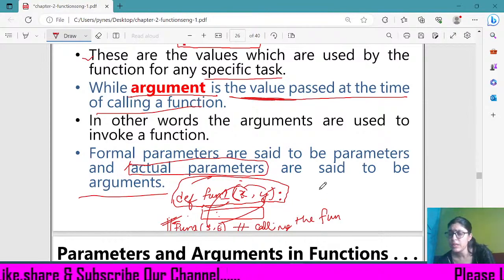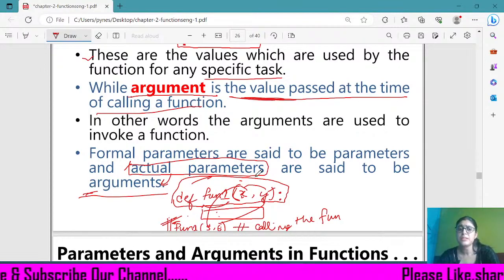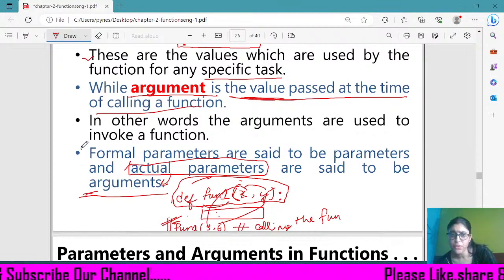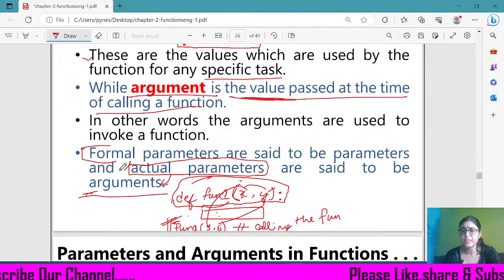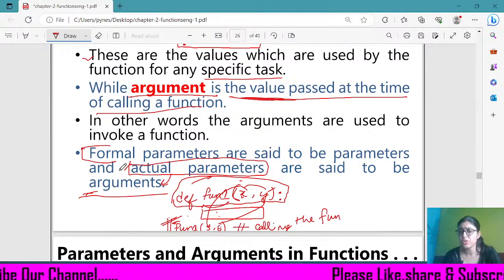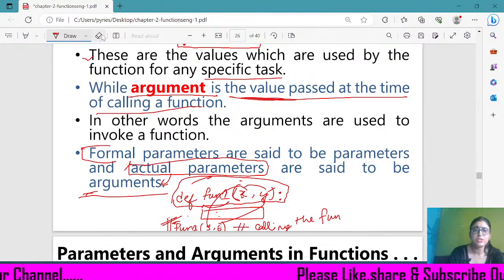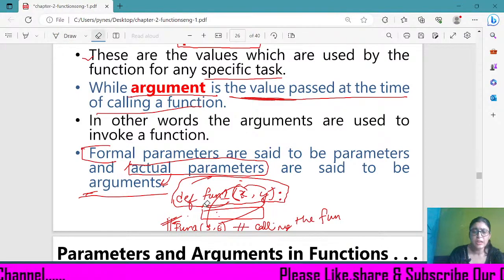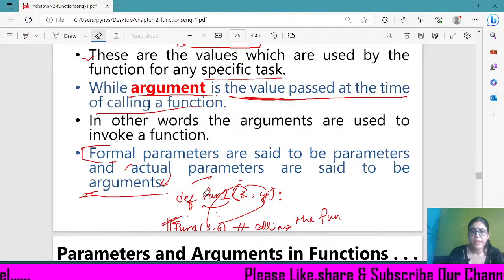Always remember, actual parameters and arguments are same, right? Actual parameters and arguments are the same, but formal parameter is the parameter which we define at the time of definition of the function. What is at the time of definition of the function? That means here we are writing def fun1(x, y).